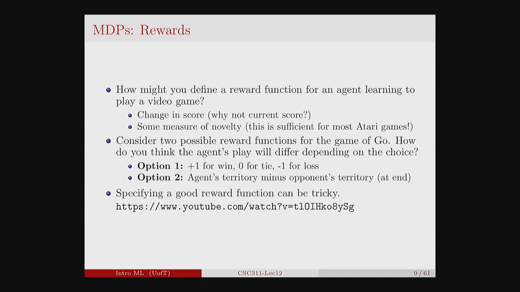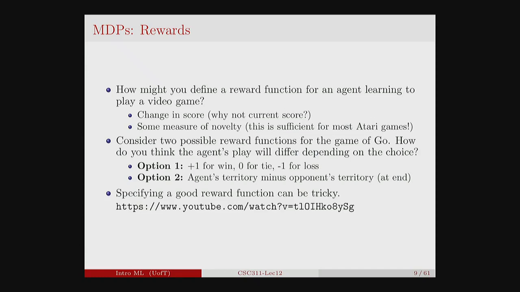That might be one choice of reward signal that you end up using to build this agent. Another one might be the total amount of the opponent's territory, which in the context of chess might be the opponent's pieces that you capture. So you might want to encourage your agent to capture more and more of the opponent's pieces. And both of these are valid rewards in the sense that they encourage the agent to learn to win the game of chess.